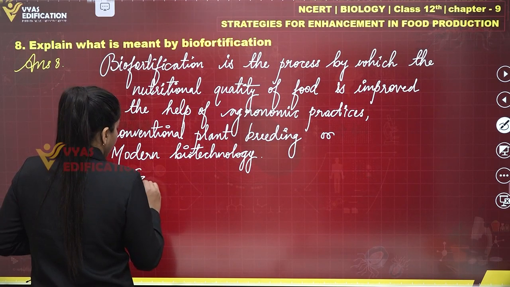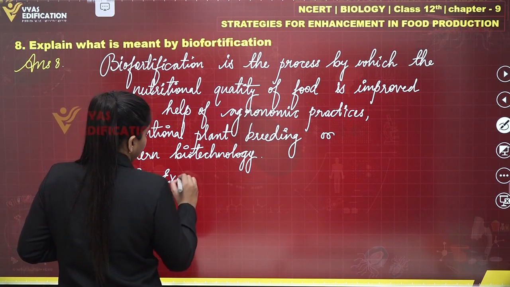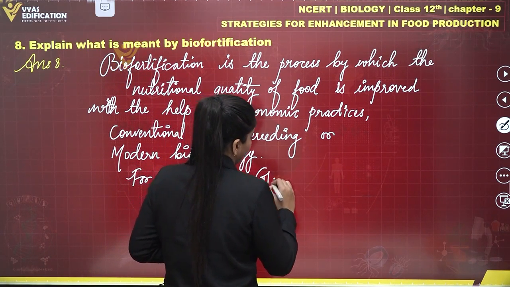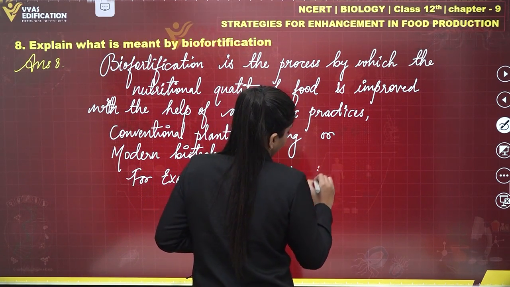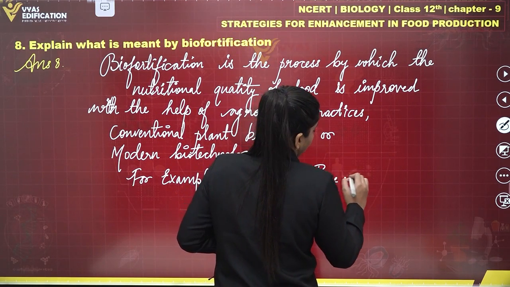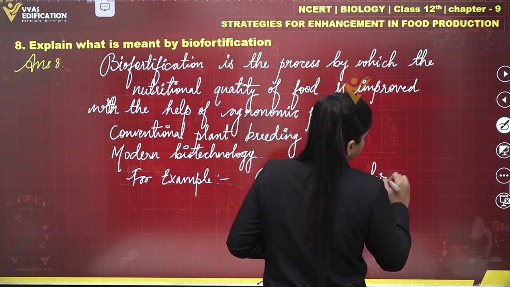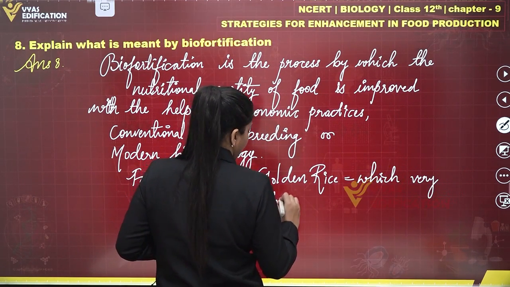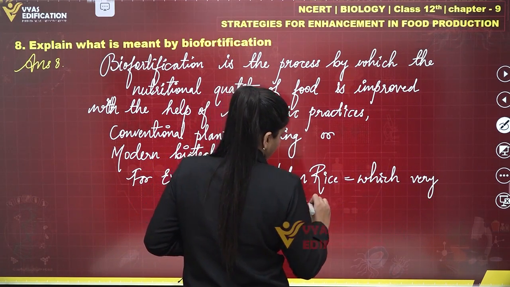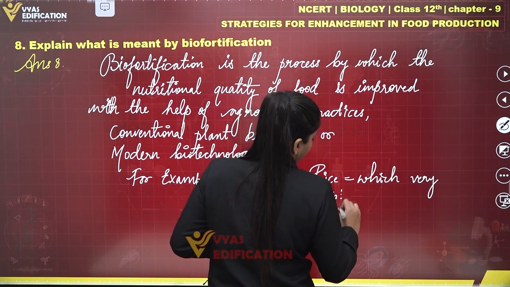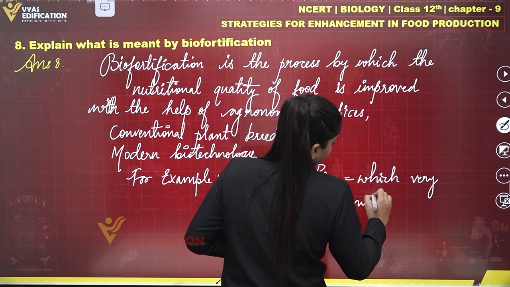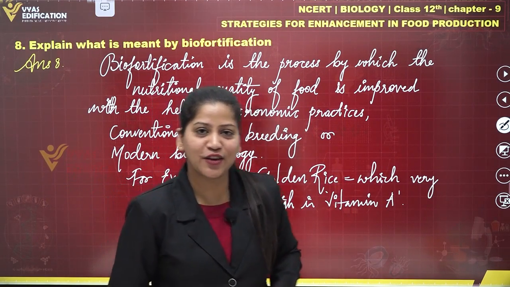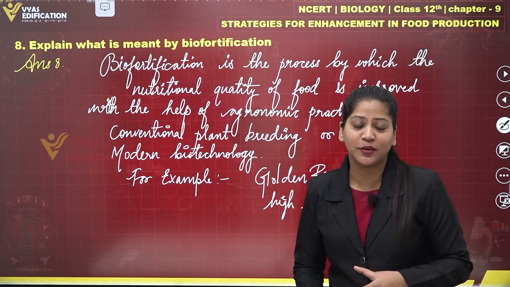For example, we have golden rice, which is very high in vitamin A, right? So this is biofortification, and this is the complete solution of question number 8.